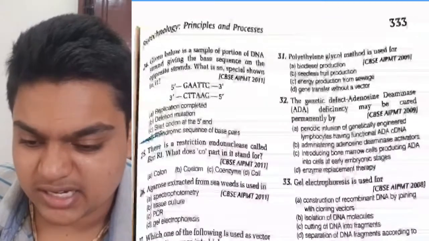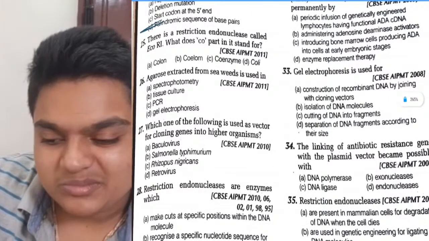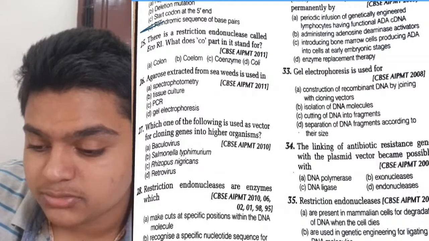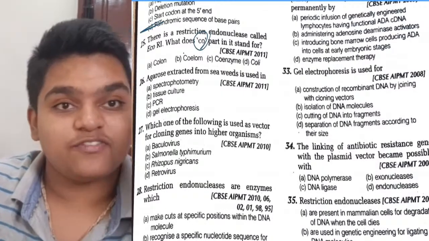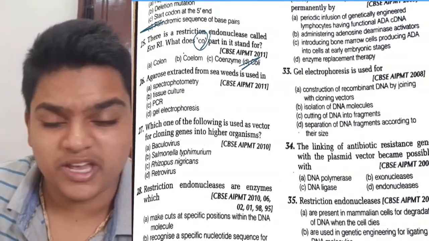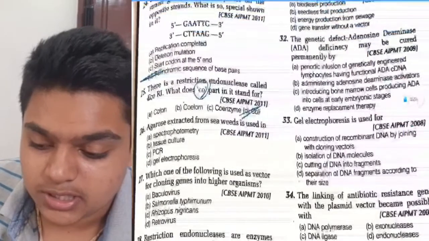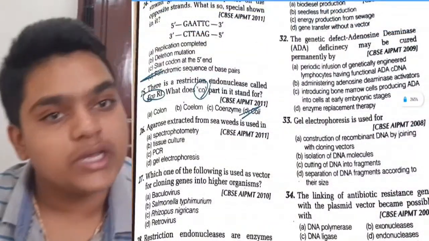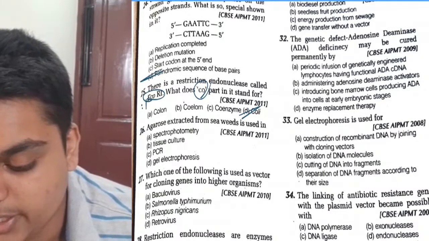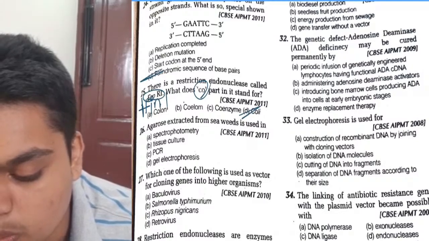Let us change this. There is a restriction endonuclease called EcoR1. What does the co part represent? I have told you in the nomenclature part, co represents coli. It is your species. Now let me ask you a question modifying this. There is a restriction endonuclease called HIND2.